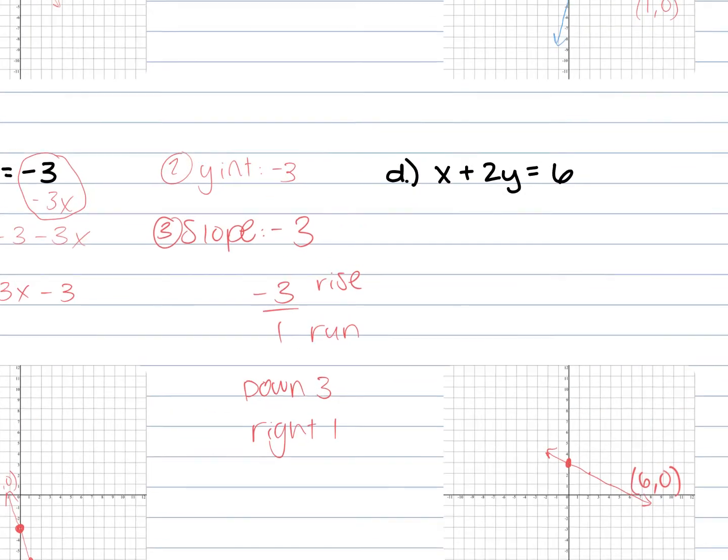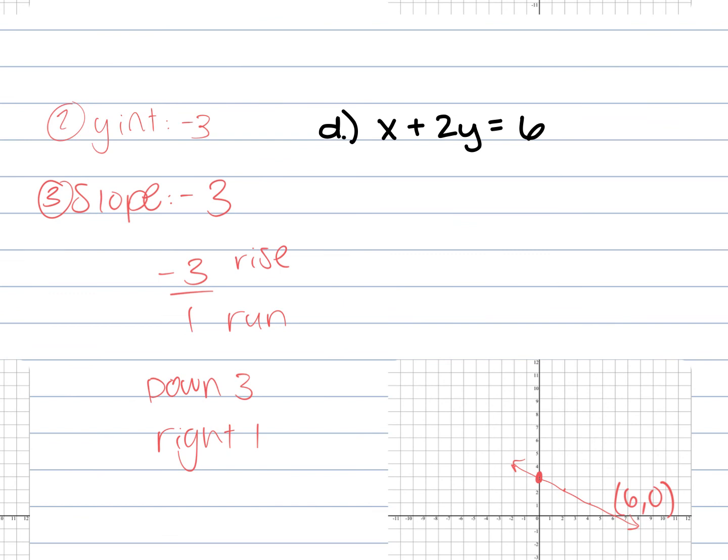Okay, who got D and can explain it? Who got D and can explain it? Sophia, go for it. Good. And then you get 2y equals 6 minus x. 6 minus x, I love it. And then divided by 2. And then you get y equals 6 over 2.